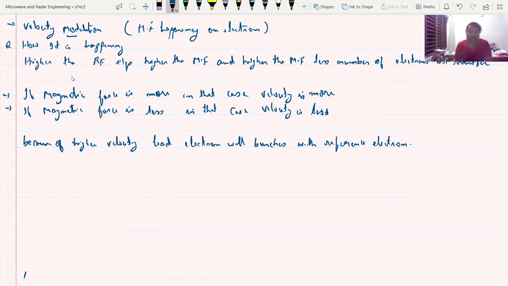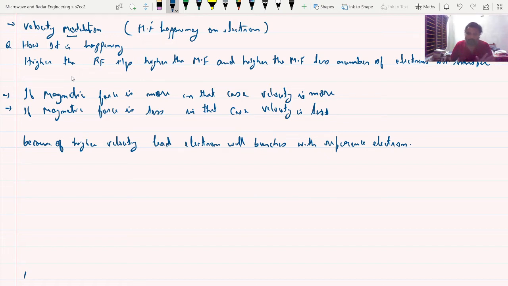Okay. So because of variable magnetic field, velocity of electron is also variable. So what happens means, early electron having lower velocity and lead electron having higher velocity. So electron bunching occurs.